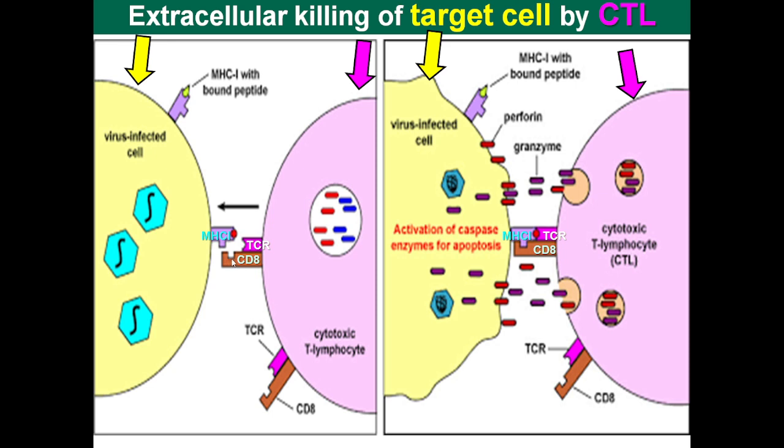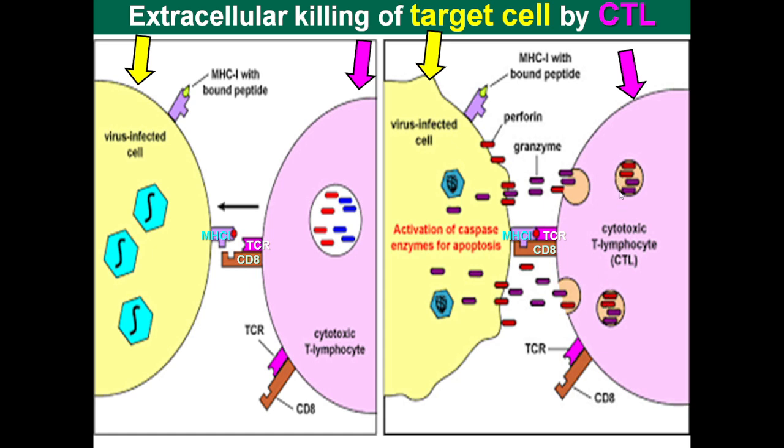This molecule is recognized by CD8 receptor of the killer cell, and with this recognition becomes legitimate. It means CD8 receptor confirms that MHC1 of the target cell is self. The TCR receptor interacts specifically with the antigenic peptide. The result is the beginning of the attack.